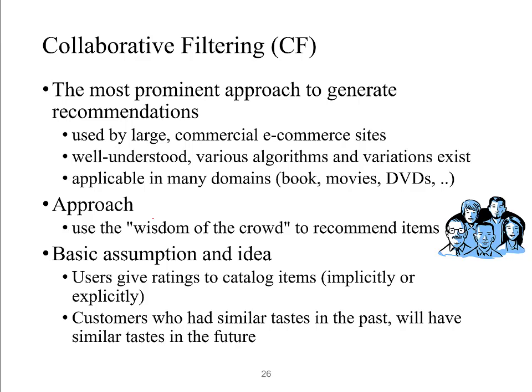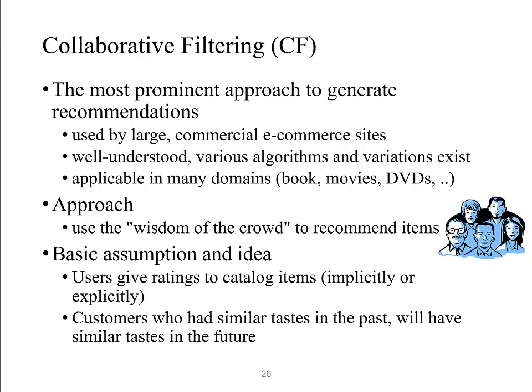The approach essentially uses the wisdom of the crowd to recommend items. It tries to find users who have the same or similar tastes as you, and based on their ratings, predicts your rating for those items.